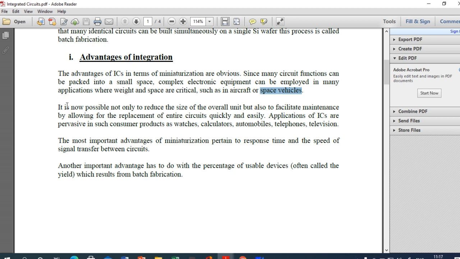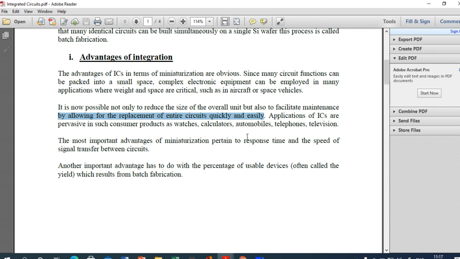Because of this, it is now possible not only to reduce the size of the overall unit, but also to facilitate maintenance by allowing for the replacement of entire circuits quickly and easily. Suppose while operating an integrated circuit, as you guys observe when doing experiments in the lab, if the IC doesn't work, then what will you do?